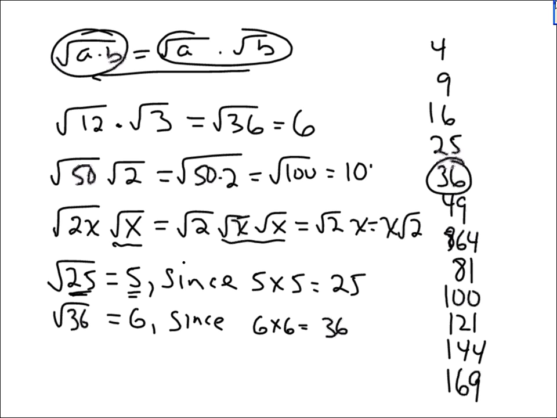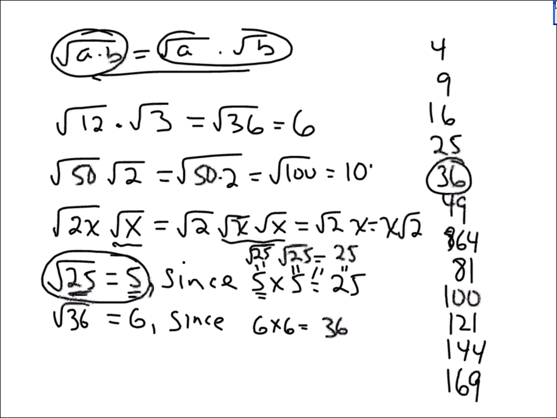But you know what? There's another way of writing 5. This equation tells me another way of writing 5. Another way of writing 5 is the square root of 25.